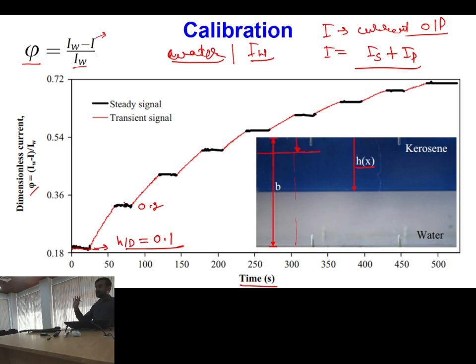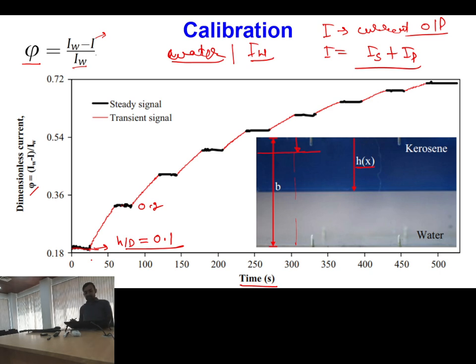So this confirms that in this particular photodiode system you can make stationary measurement as well as moving interface measurement. Because when you are jumping from one step to another, you find that there is a continuous change of the signal, and that change is precisely obtained.